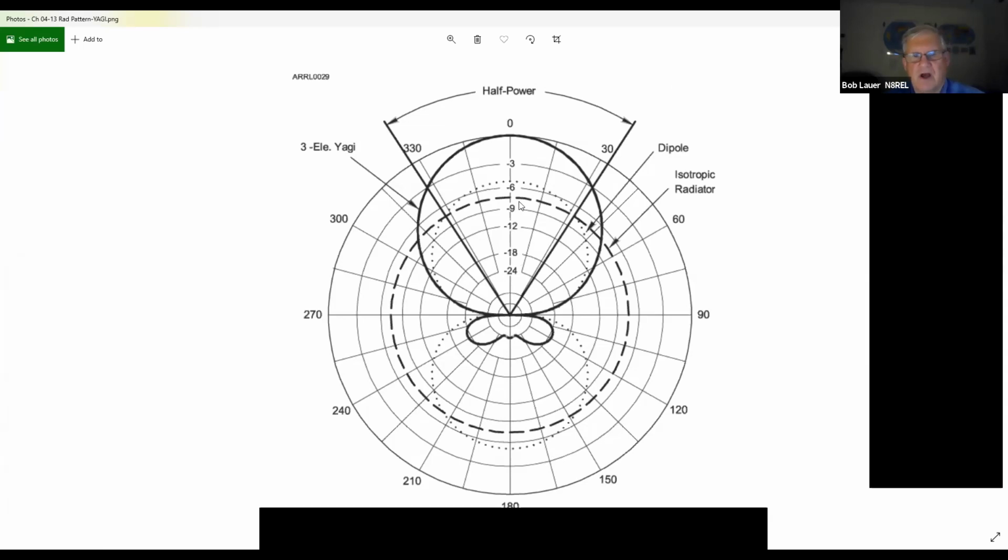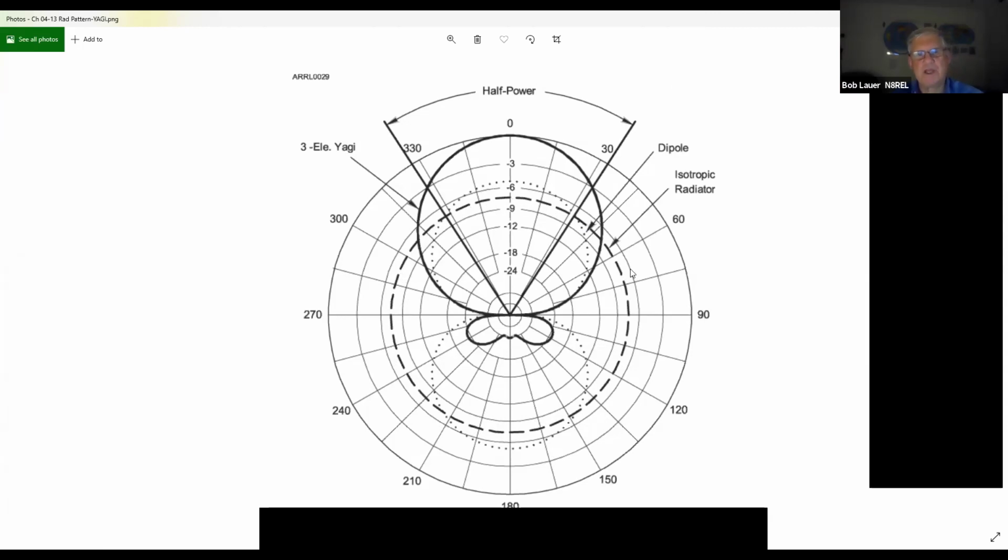Victor, if you've got just a plain vertical antenna, your radiation pattern is going to look like this dashed circle right here. Omnidirectional, yep.